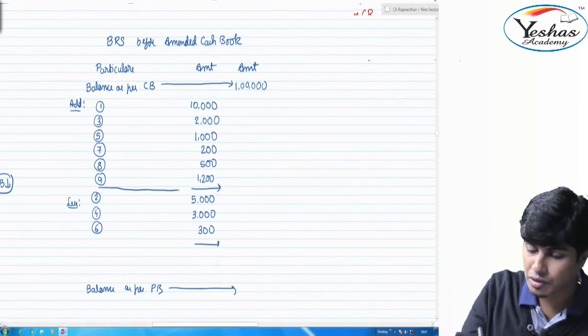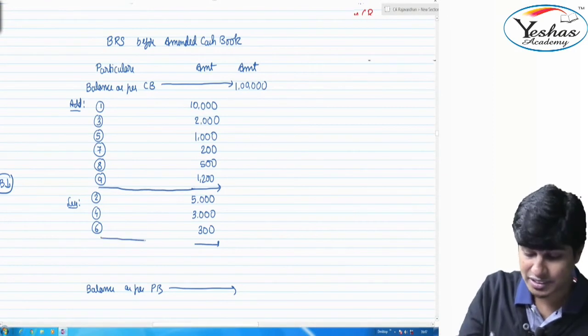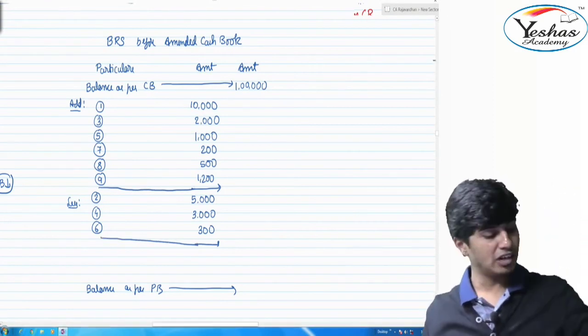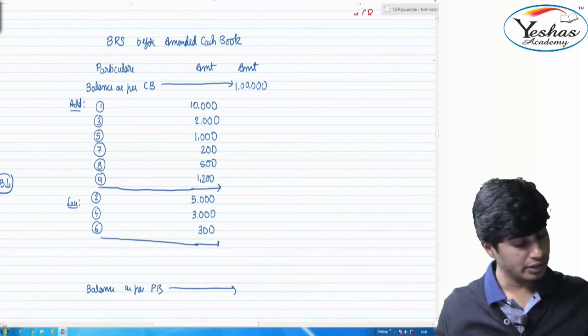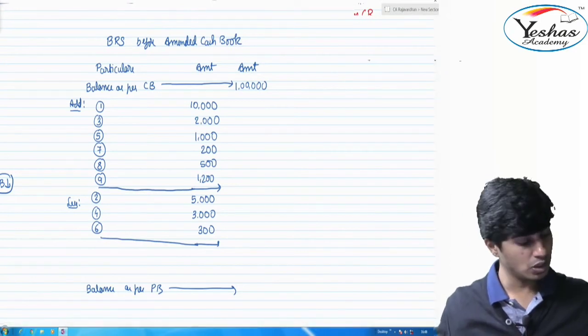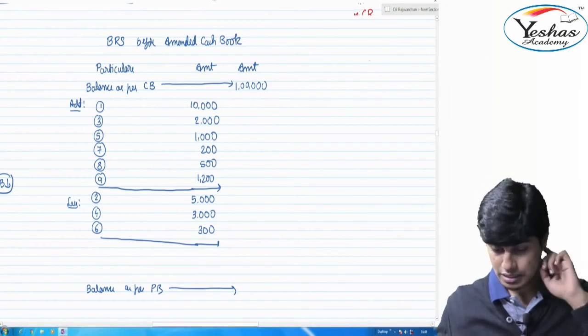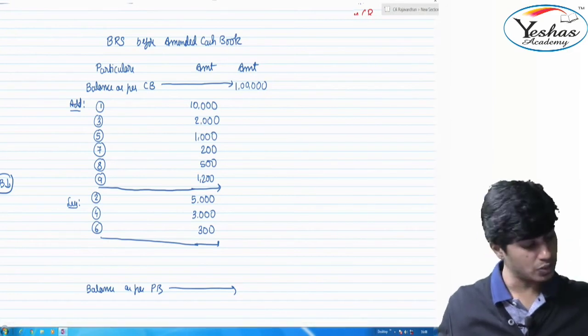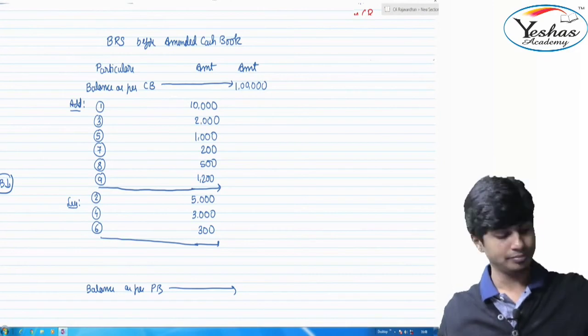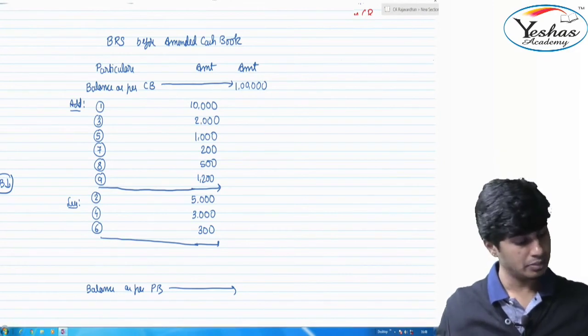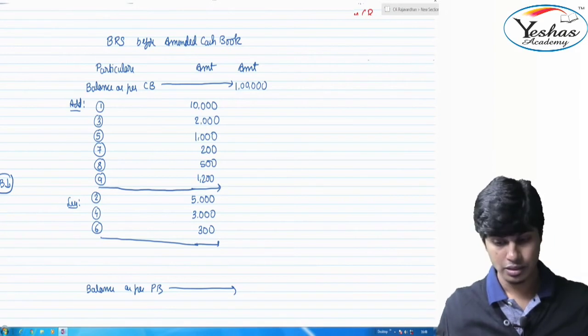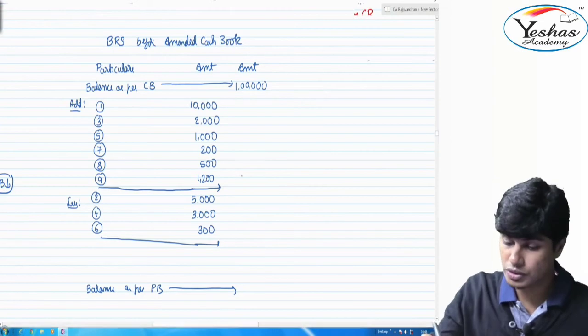Okay, I can draw a line from here so that you will understand the clear distinction. Come on. Shall we add them? 10,000 plus 2,000 plus 1,000 plus 1,400, 1,900, 1,009. 10 plus 2 plus 1,000 plus 1,900. That gives me 14,900.